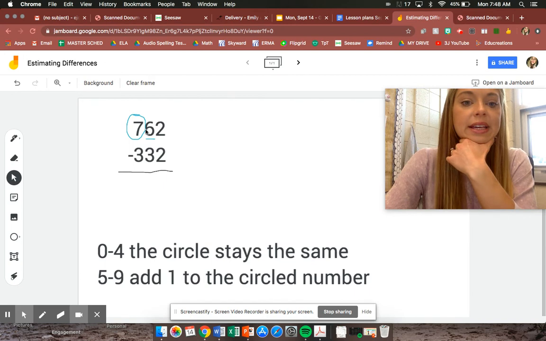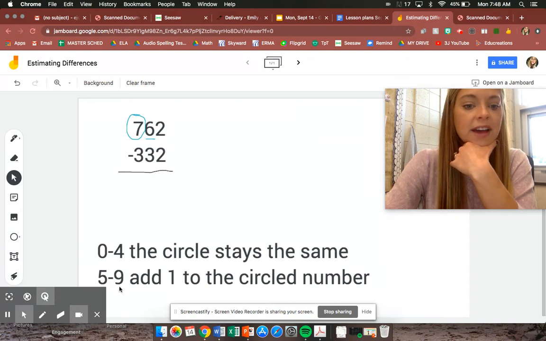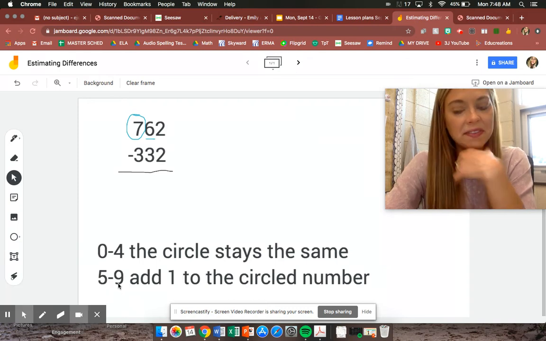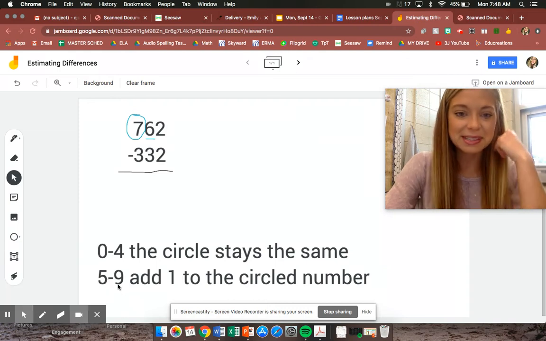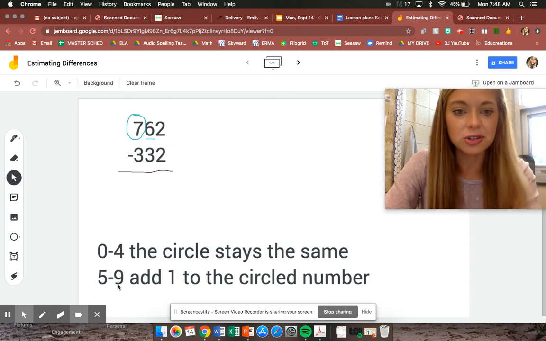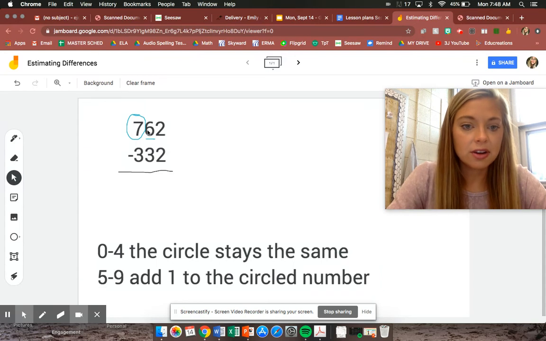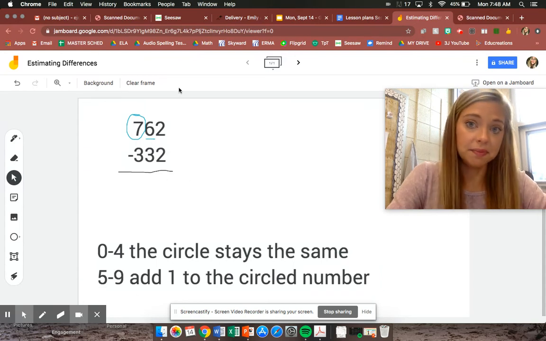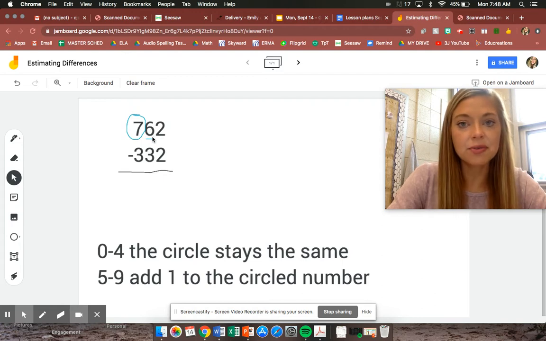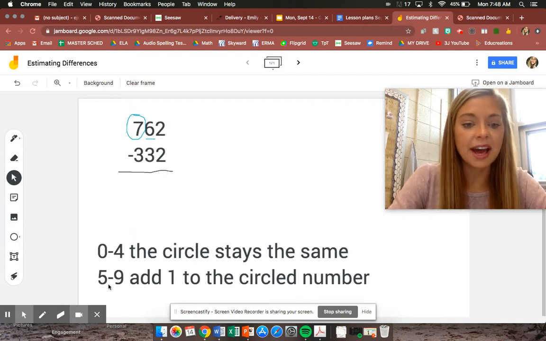So is the 6 here, is that 0 through 4 on a number line, or is it in between 5 through 9 on a number line? I feel like I've said that so many times because we have been rounding so much. So is 6 0 through 4, or 5 through 9? And you should be thinking that 6 is 5 through 9 on a number line because it's in between 5 and 9.